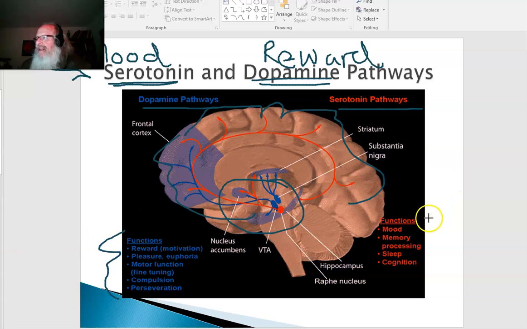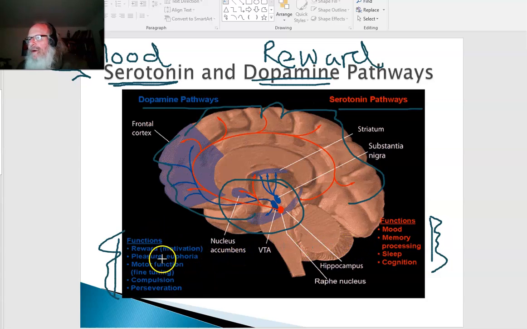And when you're looking at this, there's a copy of this image that isn't embedded inside the PowerPoints that you can look at a little bit more clearly. But it tells us down here, here's the things that we know that dopamine does or is involved in. Here's the things we know that serotonin does, that it's involved in. And they are different sets of functions.